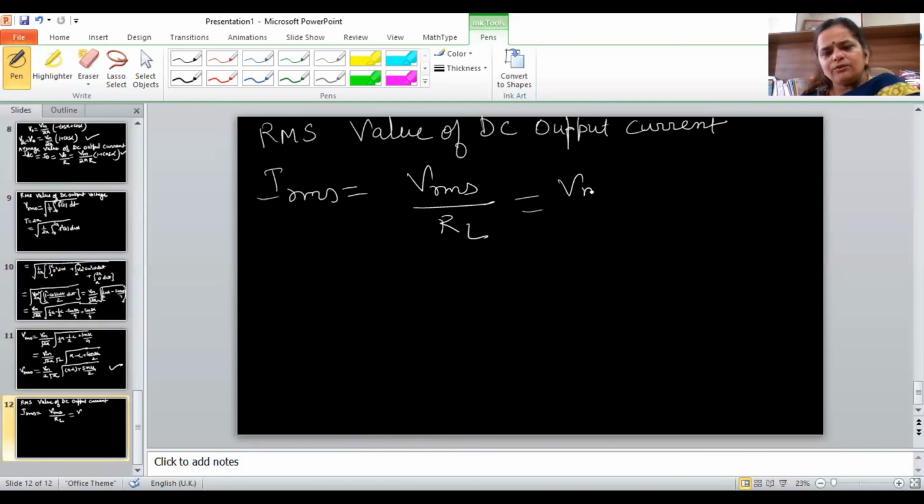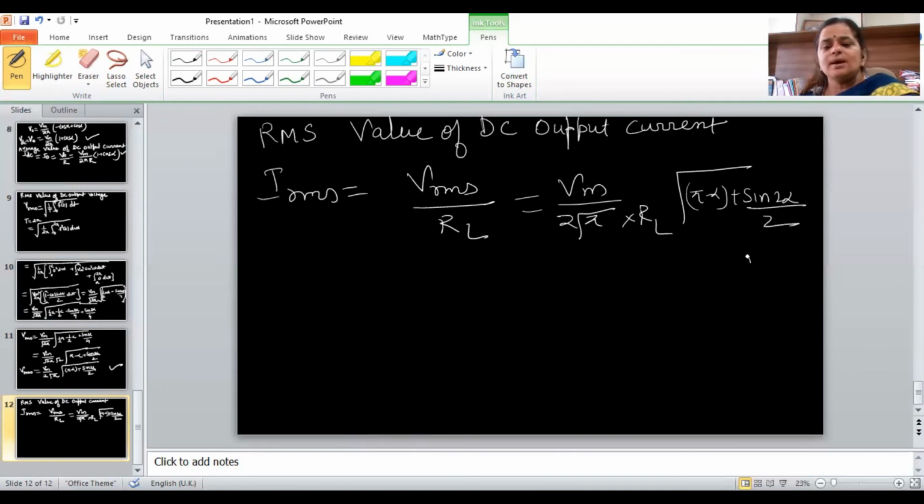So I can write Vm upon 2 root pi into RL, and under root pi minus alpha plus sine 2 alpha by 2. That is the IRMS value.